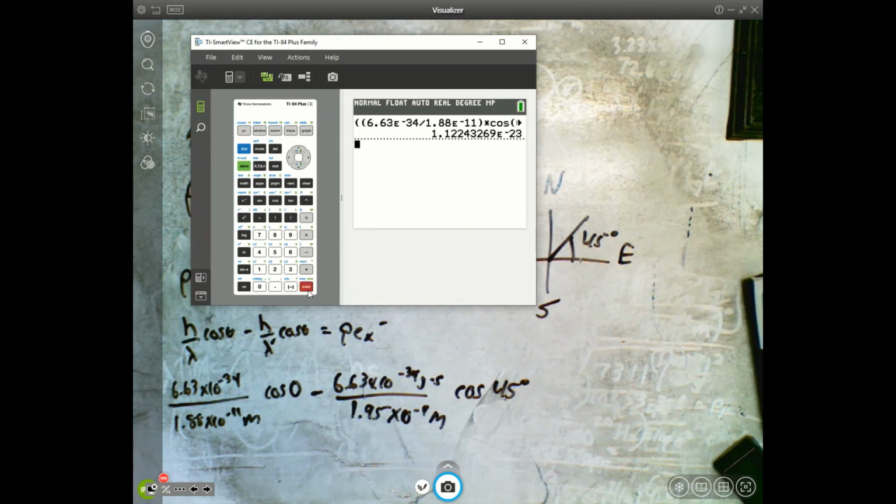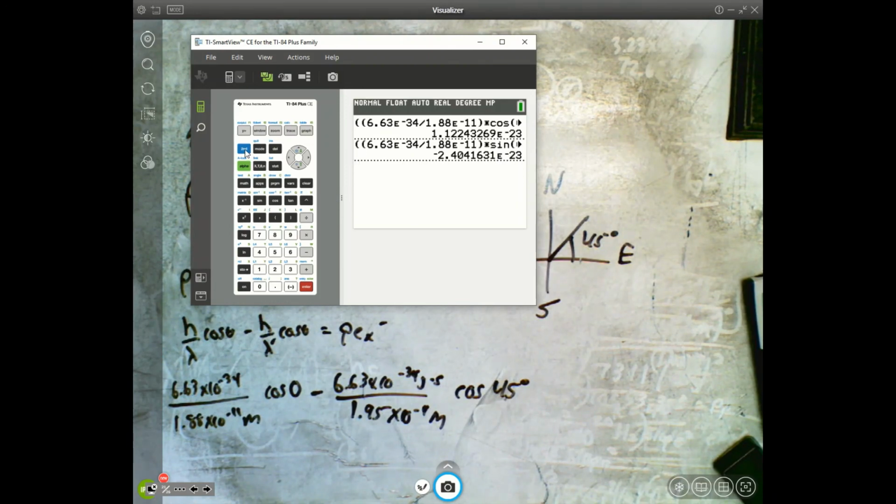Okay, so that's my momentum in the x, and then I'll just push second enter and switch all my coses to sines. And that's my momentum of the y, and it goes down, which makes sense because it should.